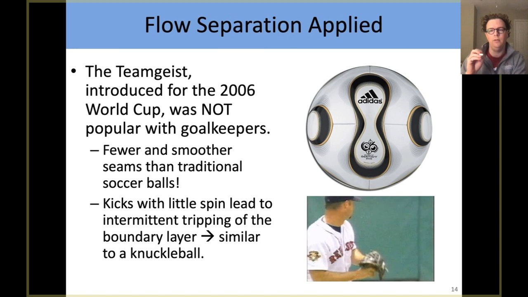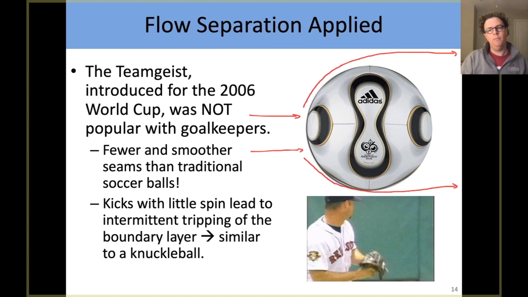This one was a 12 panel ball. And so it had a lot fewer seams on it and a lot more smooth, flat areas, right? And what happened was, by making a smoother soccer ball, you made it behave like the smooth ball, not like the golf ball. So the smoother that ball is, the larger that form drag will be.